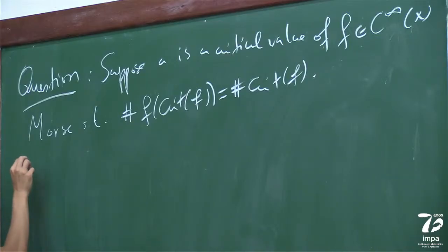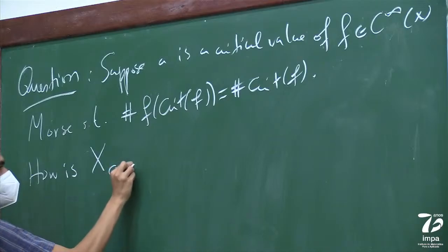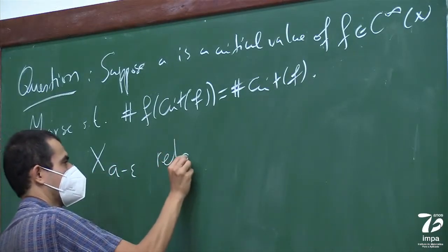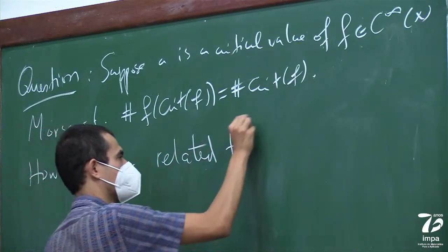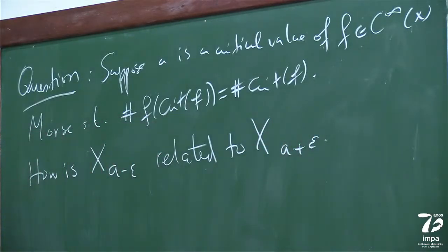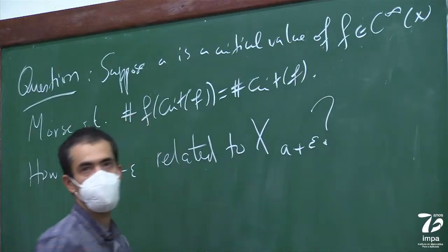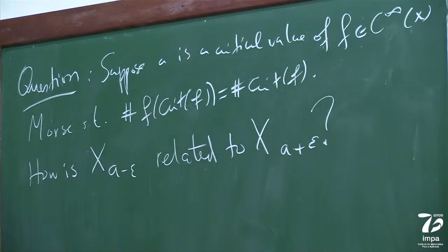The question is, how is x^(a-epsilon) related to x^(a+epsilon)? So how does the topology of x^a change when you go through the critical value? Okay? So let's analyze this little by little.